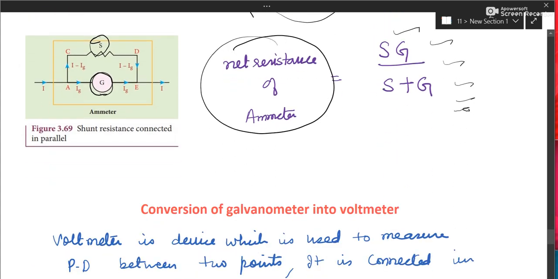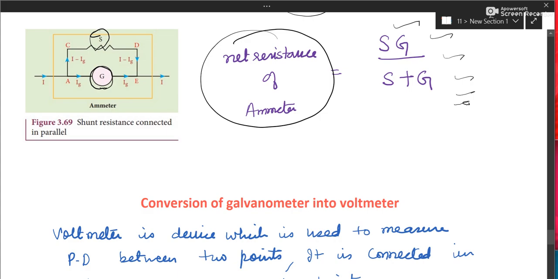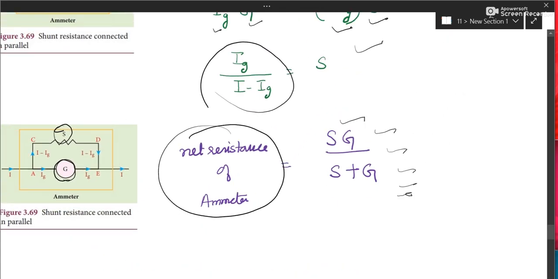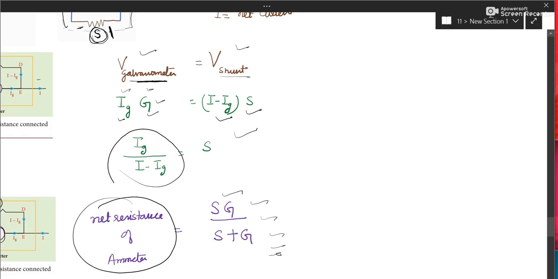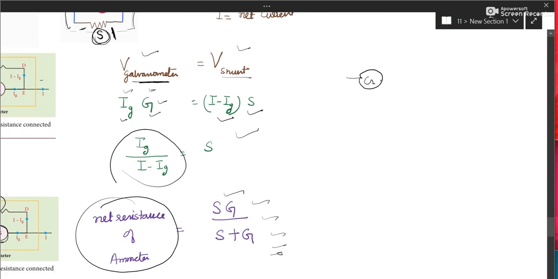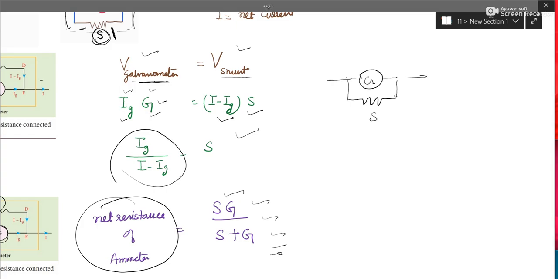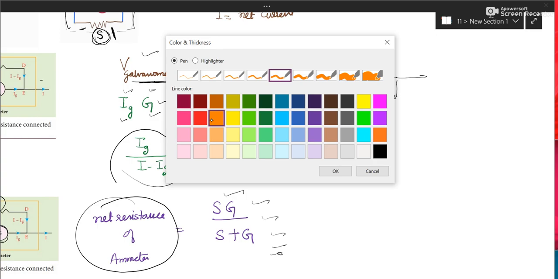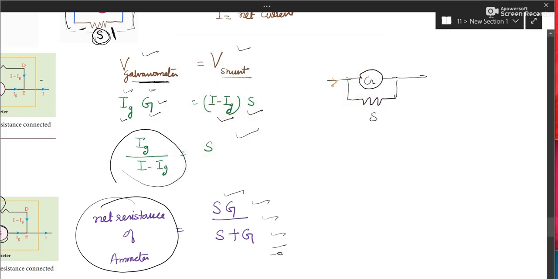We need to know about the symbols that we have used. See, the concept is very simple. A galvanometer can be converted into an ammeter when you connect a shunt in parallel to it. This is I current.